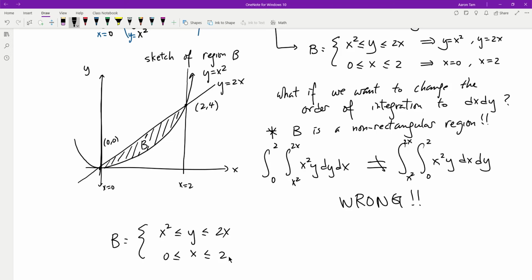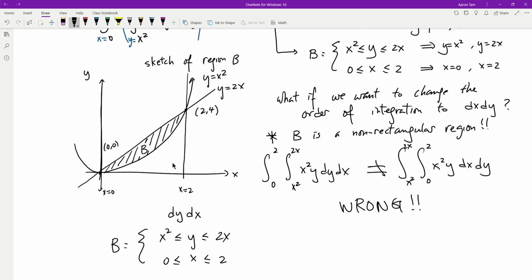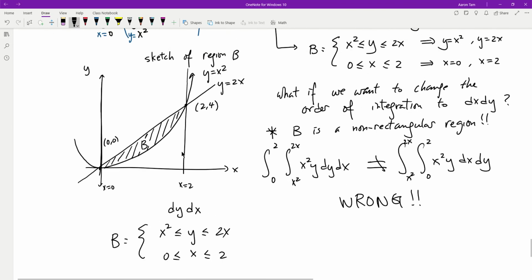So that's how we describe this region. This way of describing the region corresponds to dy then dx, because we first describe the gap for y between two curves, and then describe x by describing two vertical lines.